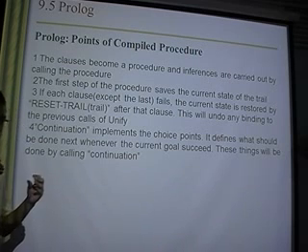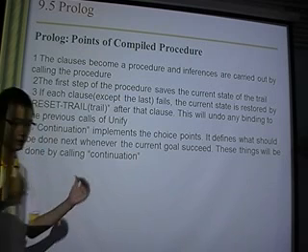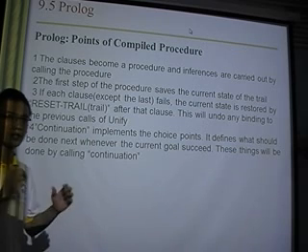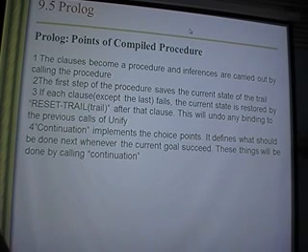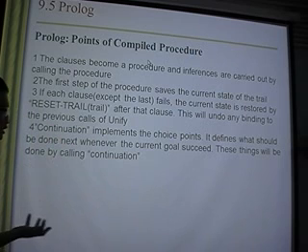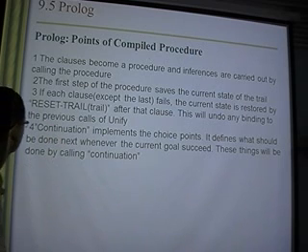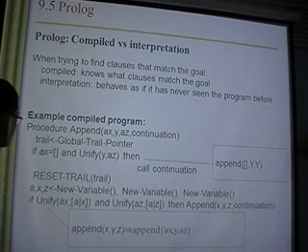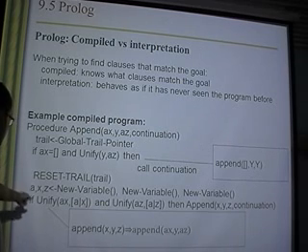undo any binding of the previous course of unification operations. And there is a data structure called continuation, which implements the choice points. It defines what should be done next whenever the current goal succeeds. So when the current goal succeeds, the data structure will be invoked, and all the work that needs to be done when the goal succeeded will be done, as we shall see in the program called continuations.